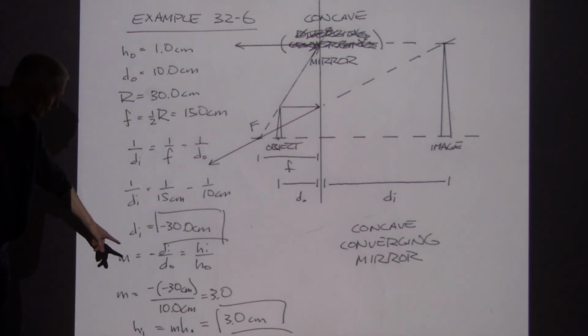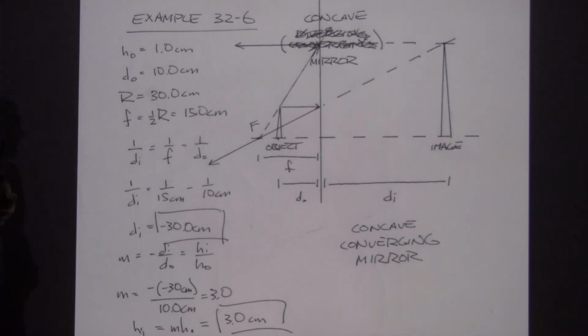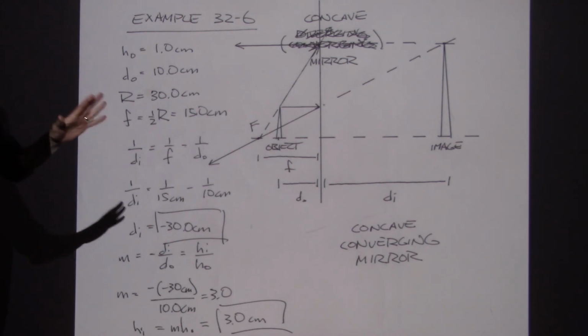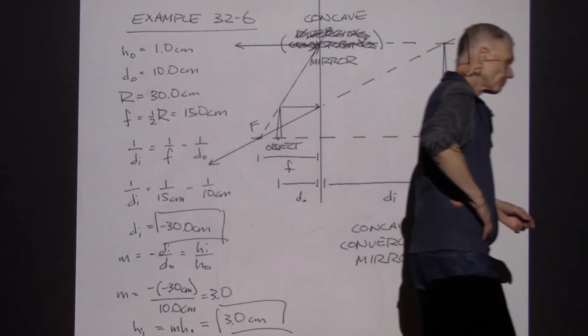And when I plug that into my formula for the image height, I'm getting 3 centimeters. So again, it's a concave mirror. Concave mirrors are converging. And this is what it looks like once we move that object inside the focal plane.